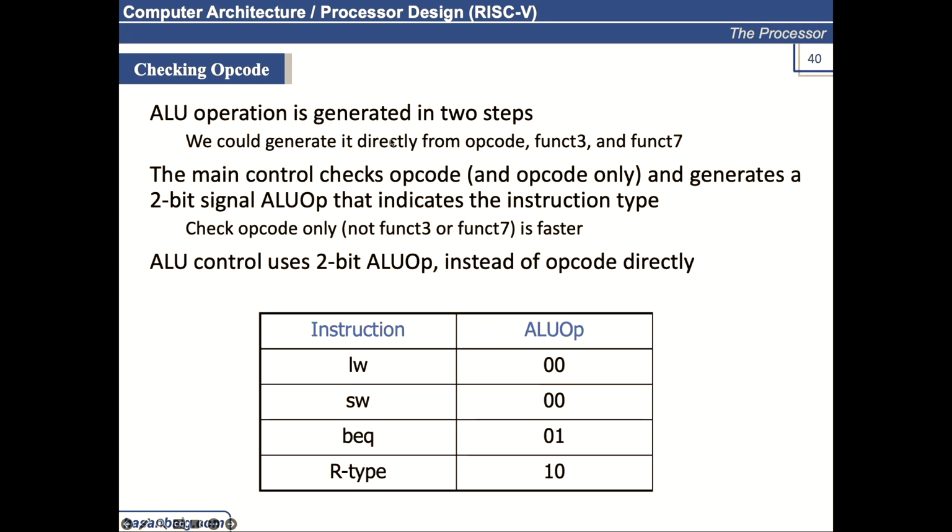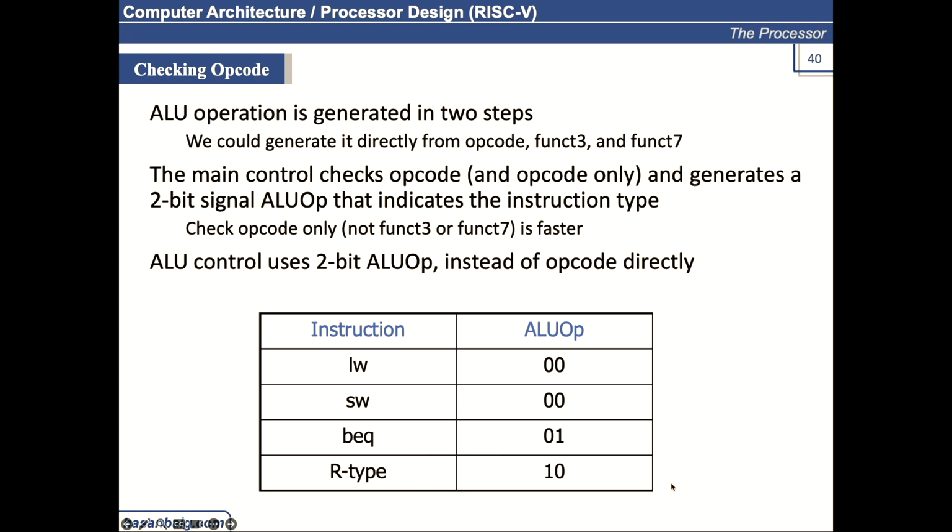But as I said, the ALU operation is generated in 2 steps. So first of all, depending on the opcode, for a load word instruction the ALU op signal would be 2 bits, 0 0. For LW and SW, ALU op would be 0 0 in both cases. For BEQ it is 0 1, and for R type it is 1 0.